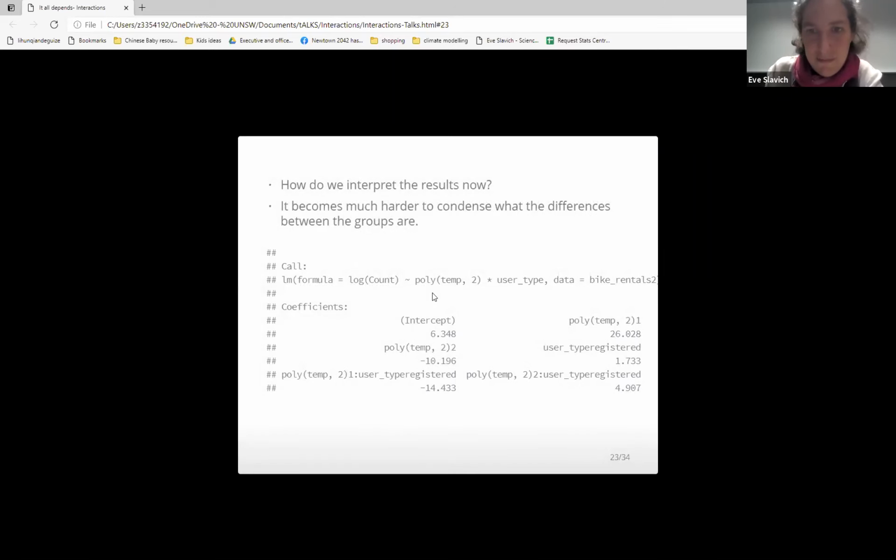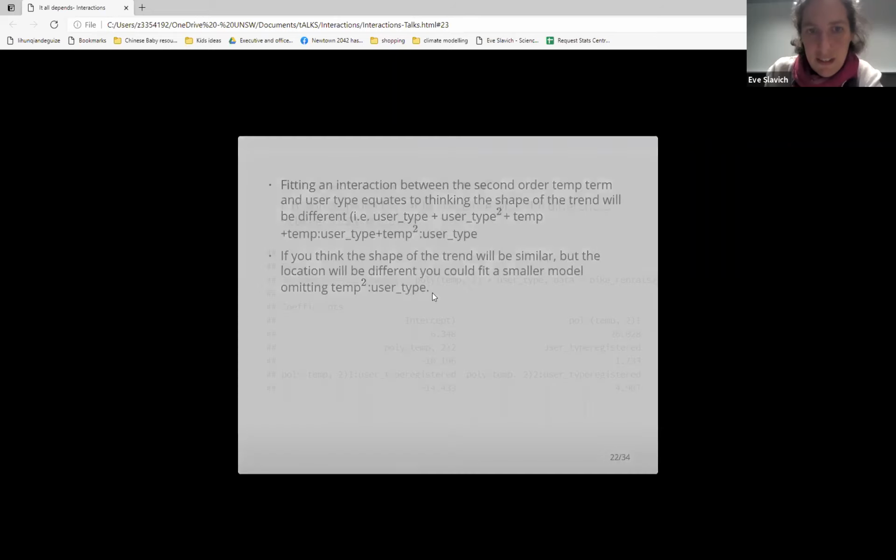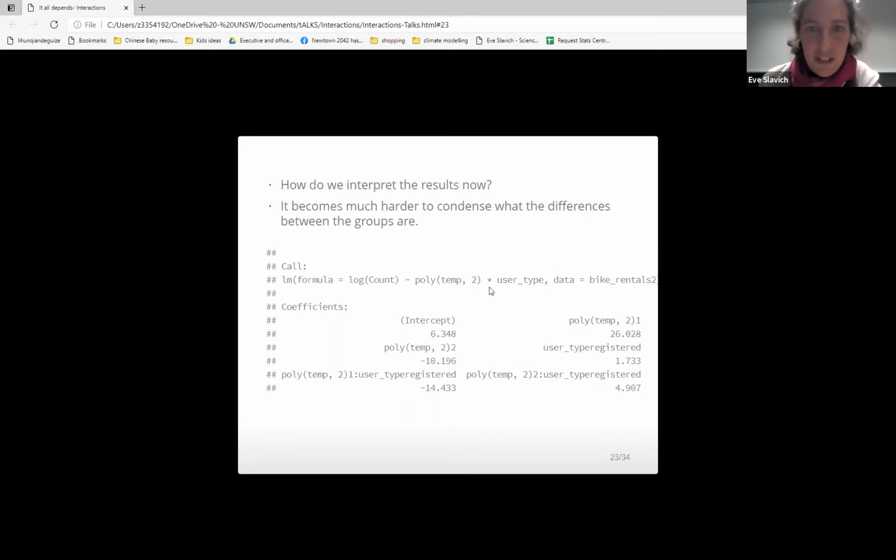So this model in R, if you're familiar with R code, is just a polynomial in temperature of degree 2 interacting with user type. And this is what the results will look like.